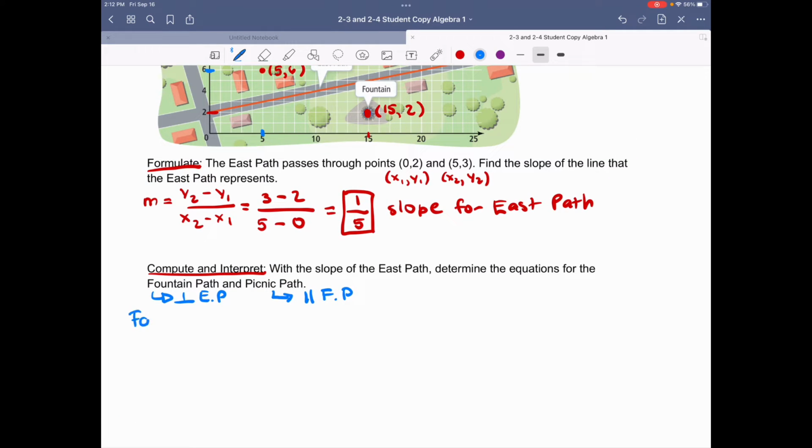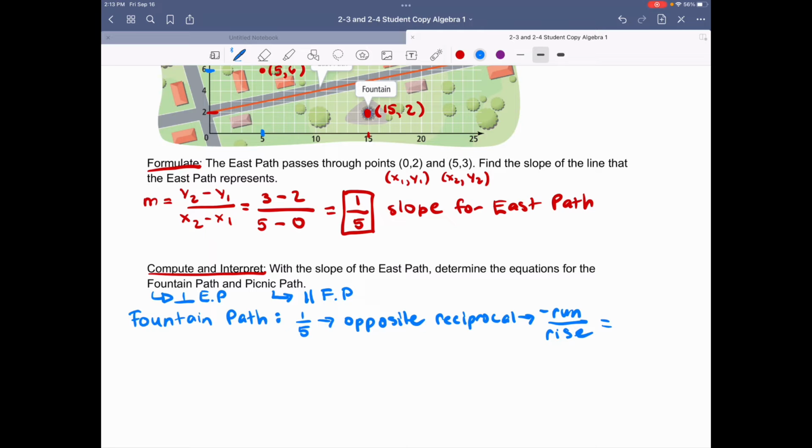Let's solve for the fountain path first. So we can take the slope of the east path, which is 1 over 5, and take the opposite reciprocal because it needs to be perpendicular, which is negative run over rise.